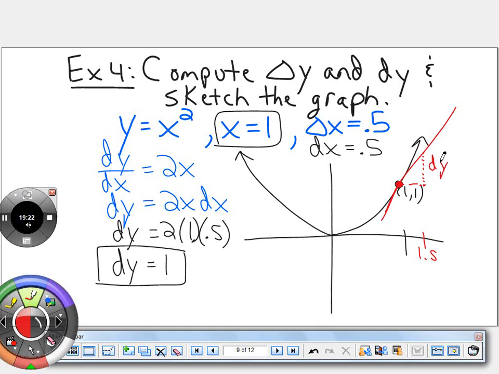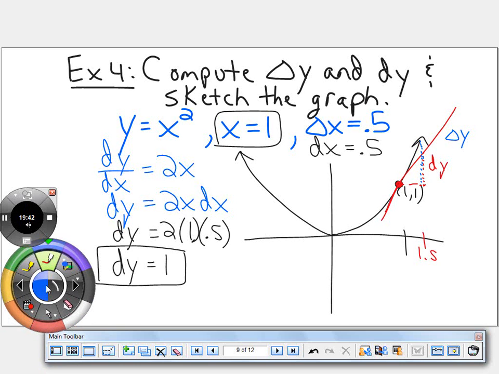And then you'll notice there's a little bit of a difference between the dy and this right here, because all the blue would be actually the change in the curve. So the blue would be the change in the y, and the red would be how much the linearization went up. So they're different. So again, the red is just this much, and the blue is a little bit more.